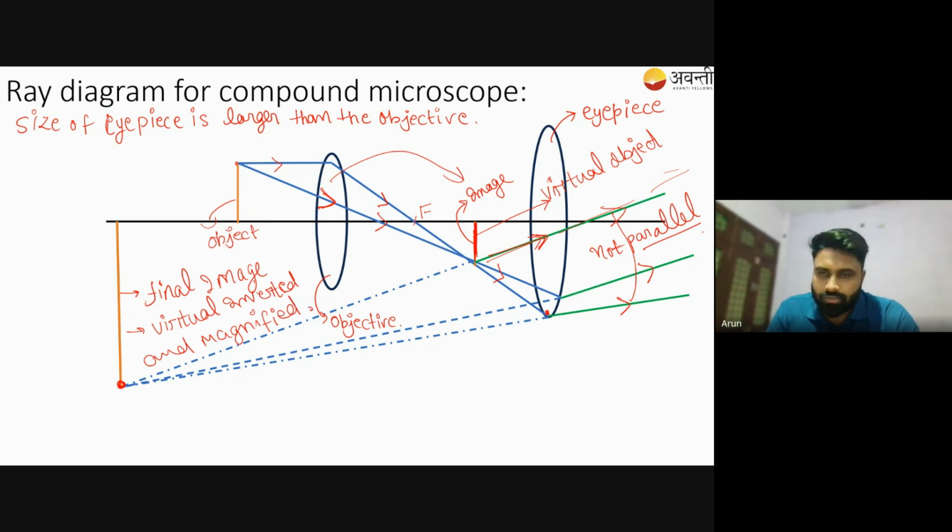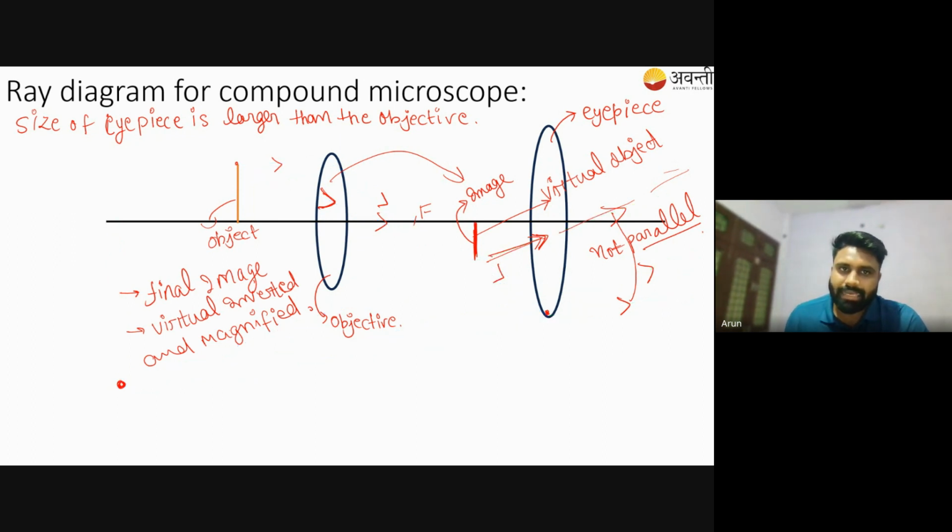Okay. So again, if I am going to discuss this, what is happening? This is the principal axis and these are the lenses. This is the objective lens. This is the eyepiece. Now an object is placed on the principal axis. A ray is going parallel to it. Then after refraction, it is going in this direction.